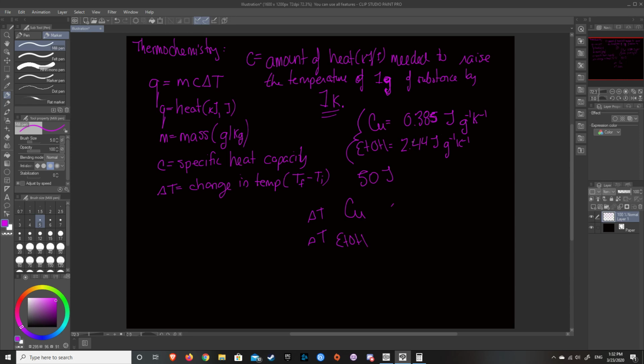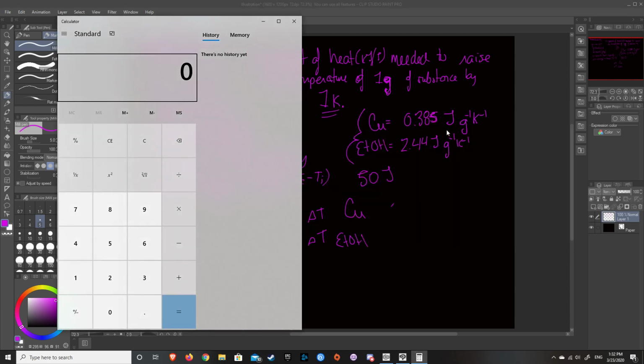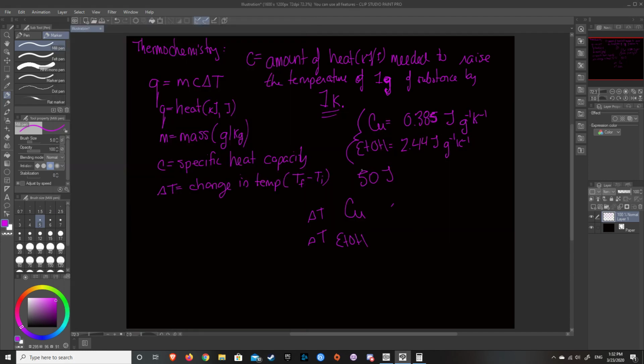So if we've got 50 joules, we just do 50 divided by the specific heat capacity. So 50 divided by 0.385. We're going to raise that temperature by, let's just round this up to 130. We're going to raise this temperature by 130 Kelvin.